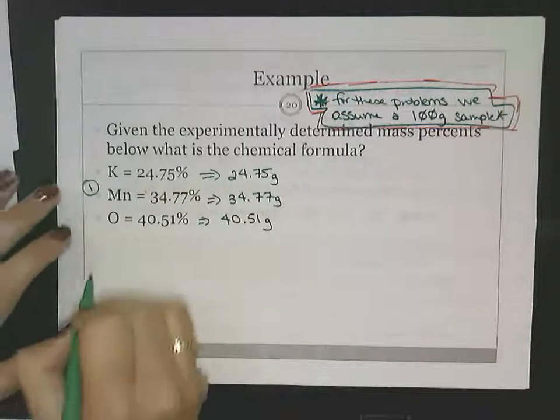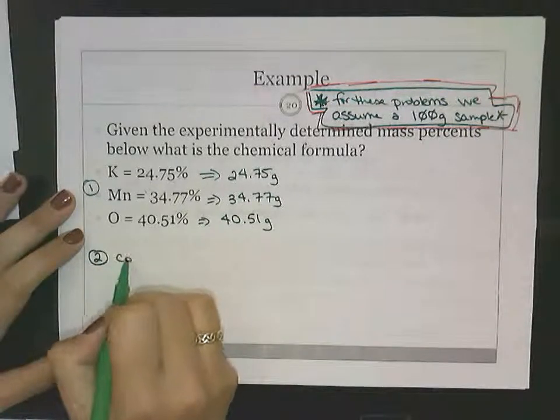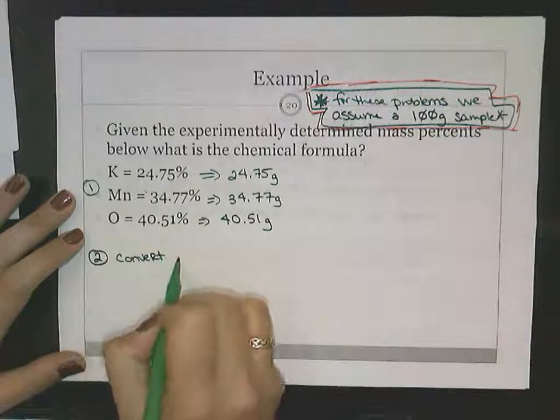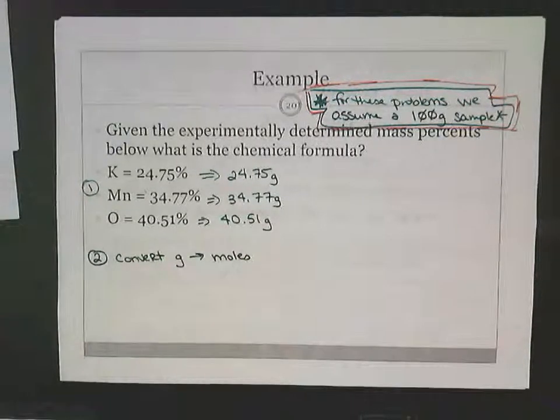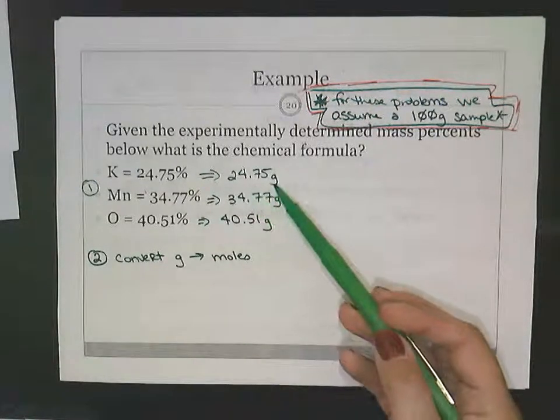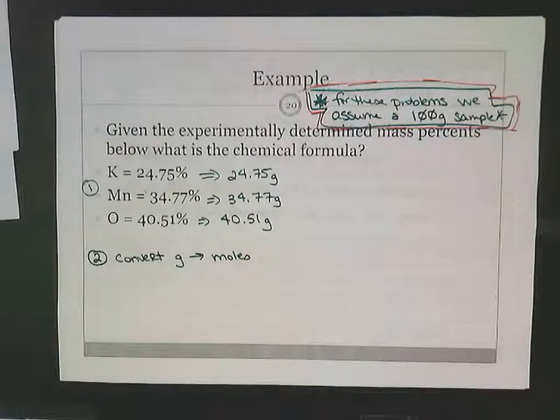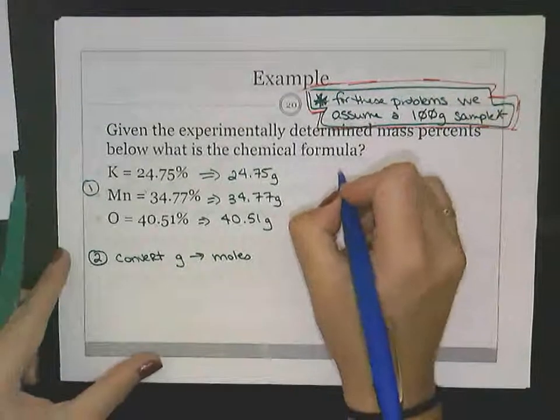Step two is I need to convert grams to moles, all right, because my empirical formula is a whole number mole ratio, so I need to be in moles in order to do this conversion. So how do I change 24.75 grams of potassium into moles of potassium? What do I need? I need to head over here and check out the periodic table. And since no one can see it, I'll just go ahead and rewrite what these values are.